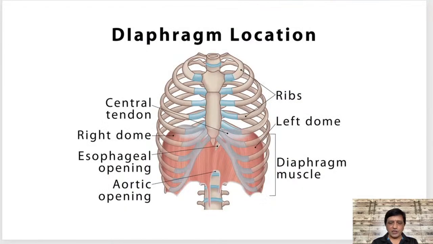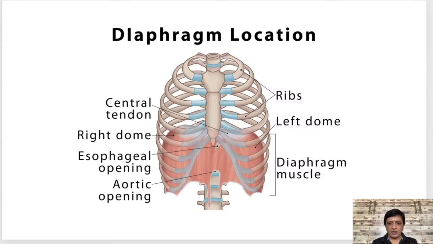So, if you look closely, the diaphragm, which is the major muscle of breathing, is a very large membranous kind of muscle, which in its relaxed state is like a dome projected into the chest. And you have a central tendon here, and you see the diaphragm running all the way and attached to the rib cage and ultimately to the lumbar region way below at the level of L2.